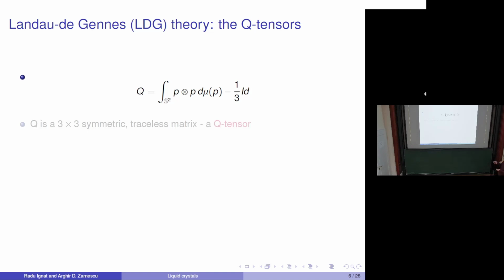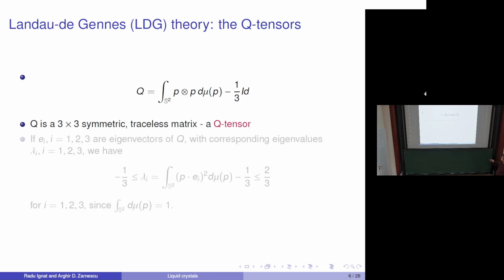And this object that you obtain through this heuristic construction is a 3 by 3 symmetric matrix, because if I integrate pi pj or pj pi it's the same thing. And it's going to be traceless, because p1 squared, p2 squared, and p3 squared add up to 1.